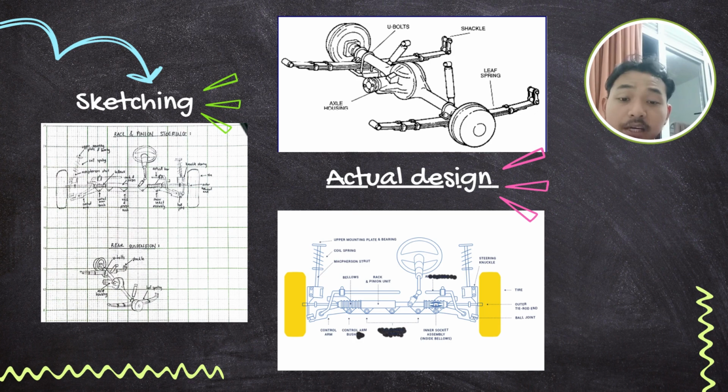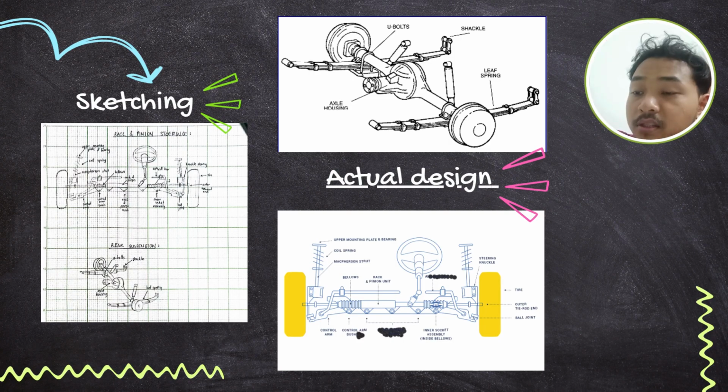In order to sketch this design, we did some research about steady state cornering. By visualizing the actual design, we drew it physically. This is the final drawing of the front and rear suspension, as you can see at the side of me.